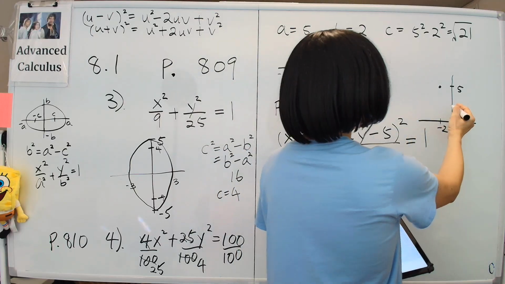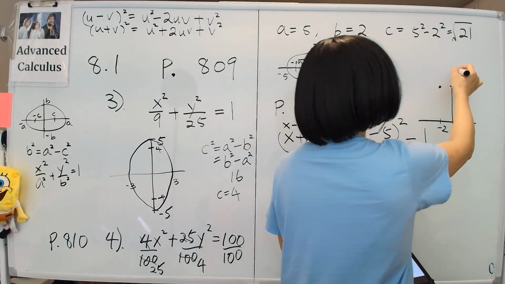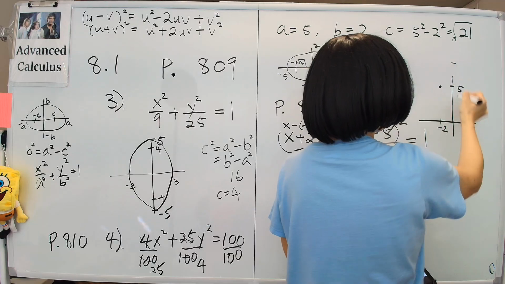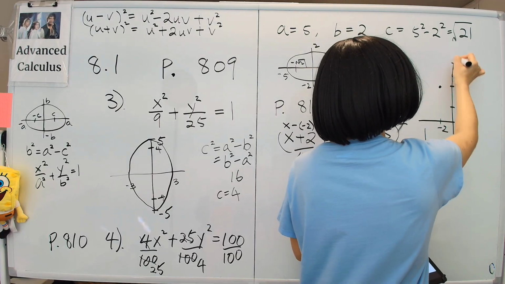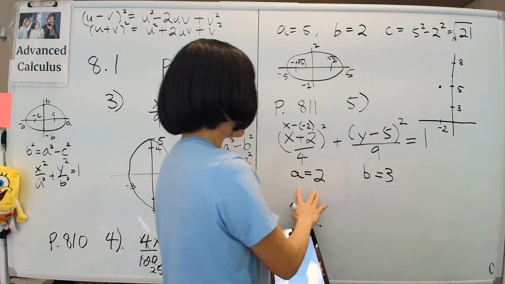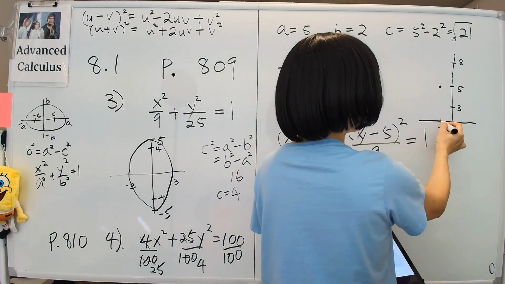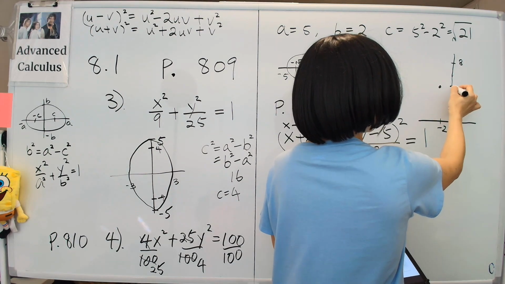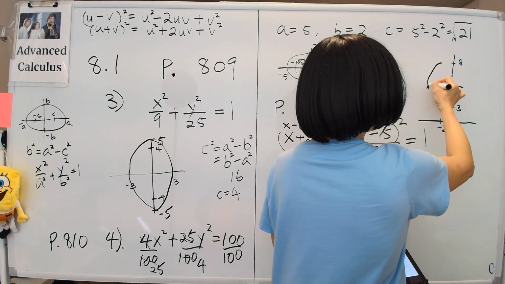So b is 3, that means its height is 3 units. So it goes up to 8 and goes down to 3, okay? 8 and 3 on the y-axis. And then on the width, it's 2 units wide each side. This is -2, so the ellipse goes as wide here and as wide here.